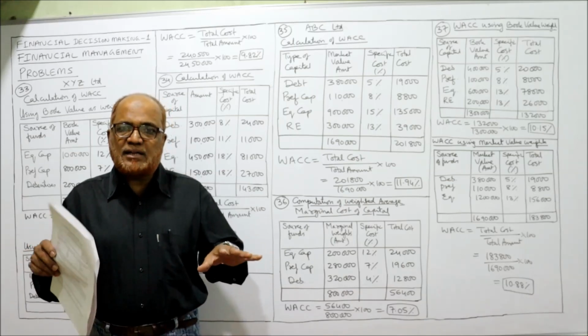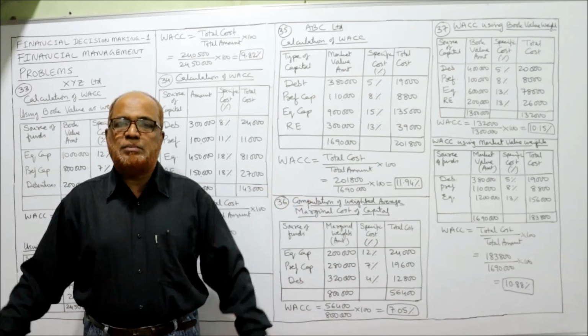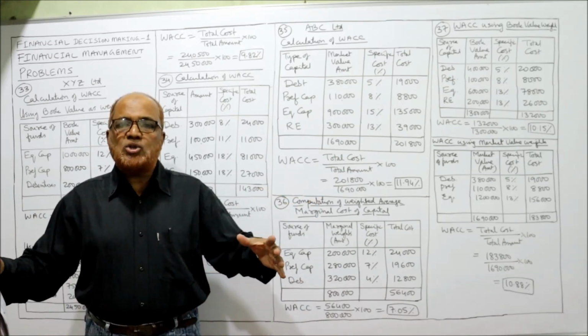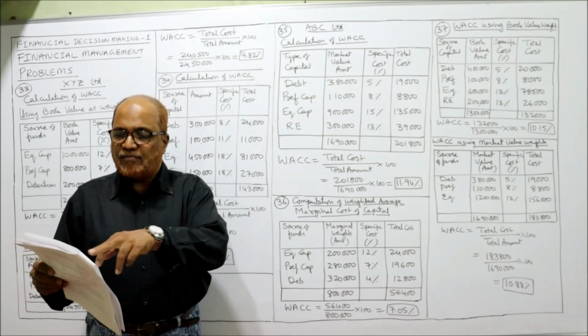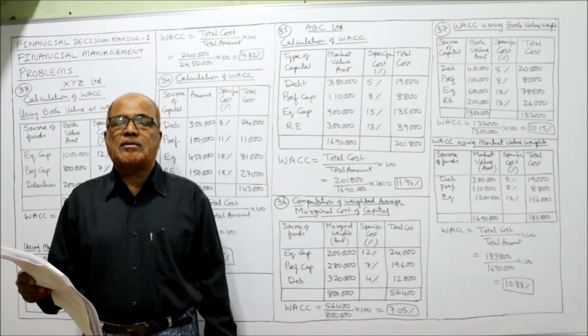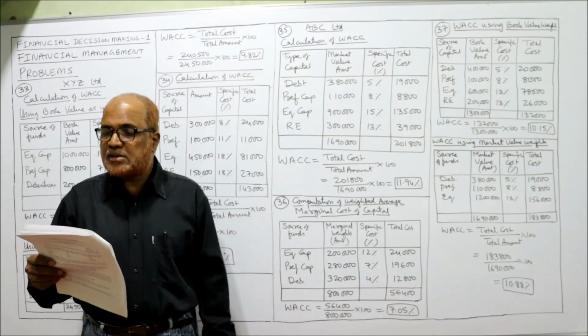Apart from the present capital structure, the company wants to expand its business. For expansion, some additional funds are required. How much additional funds? 8 lakh rupees. Now how is the business planning to raise this 8 lakh rupees?